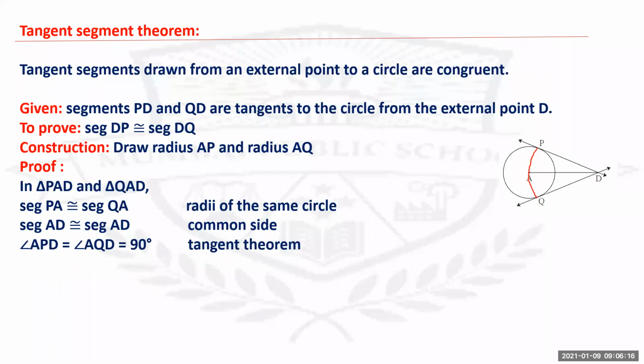And you'll get angle APD congruent to angle AQD, and that equals 90 degrees. This is by the tangent-radius theorem, which we had studied just now. So you'll get triangle PAD congruent to triangle QAD. Therefore, segment DP is congruent to segment DQ.